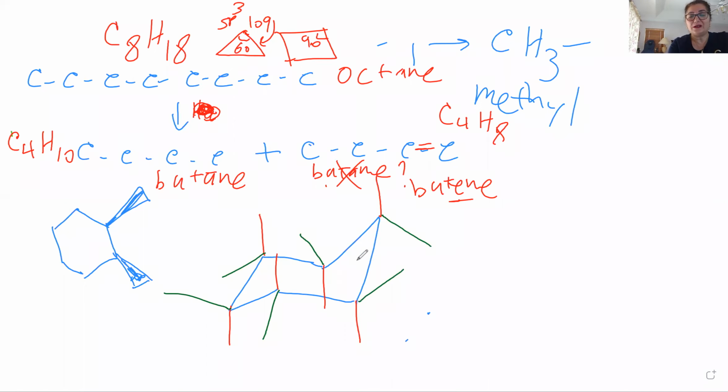For cyclohexane, each carbon has two hydrogens or two positions. All the red ones are parallel to each other and parallel to the axis of this molecule. They are known as axial, and the green ones are equatorial. That's one thing you need to know by heart.